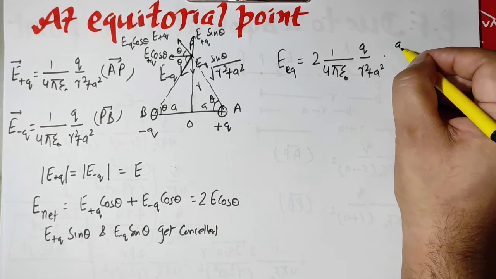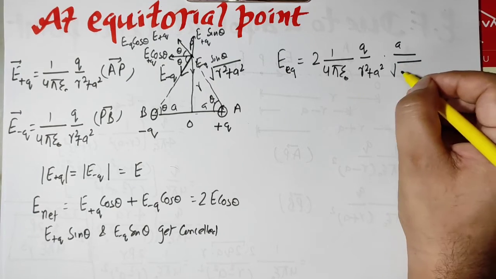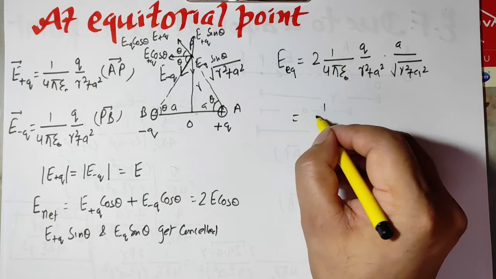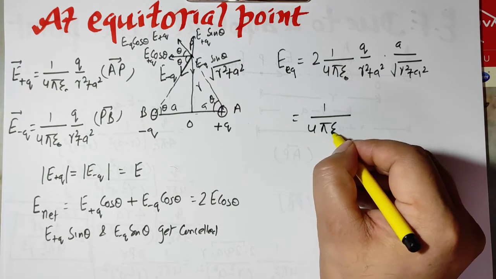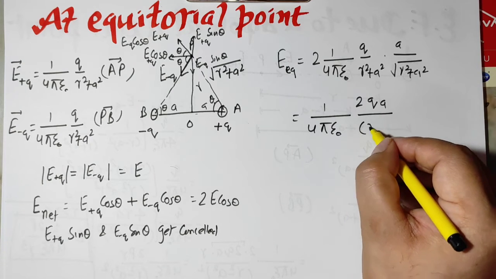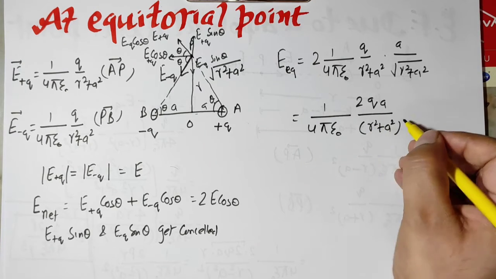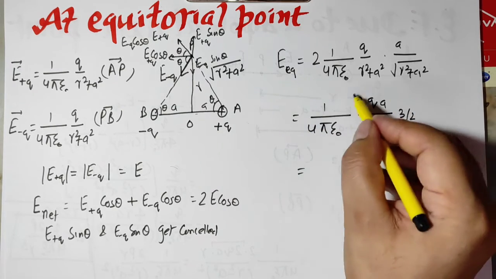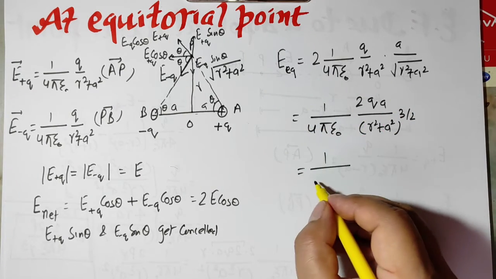Base, which is a, upon hypotenuse, which is this thing. Now we have 1 upon 4 pi epsilon naught 2qa, upon r square plus a square to the power 3 upon 2. This thing is p, you must be aware of this.